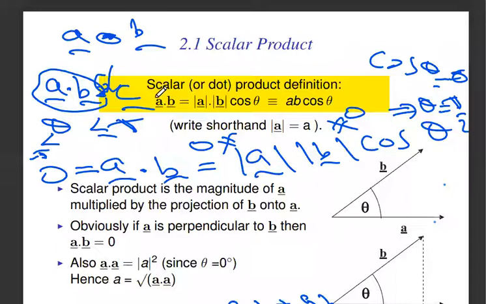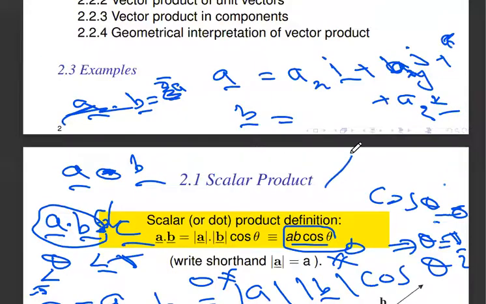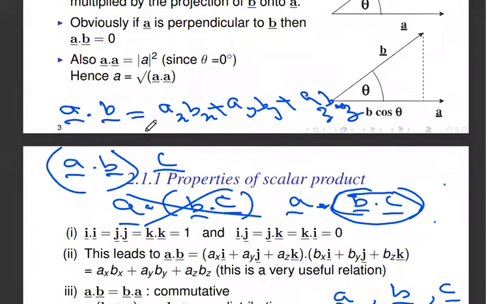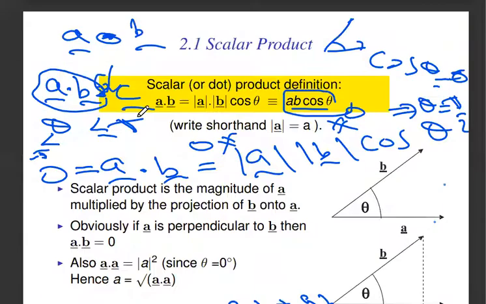When you take the dot product of 2 vectors, you all the time get a scalar. This is a scalar, a real number. It doesn't have a direction, only magnitude. So if you know the angle between A and B and the magnitudes of A and B, then you can use this definition. If you don't know the angle, then you can use this other definition, right?